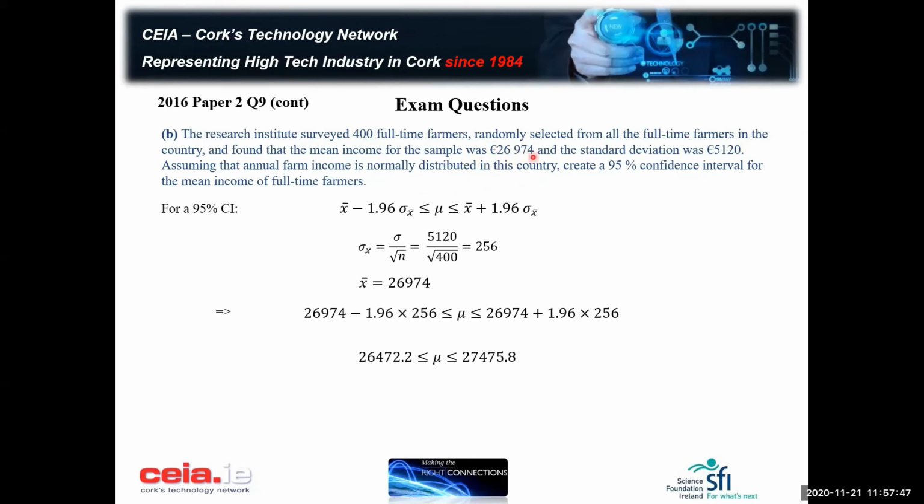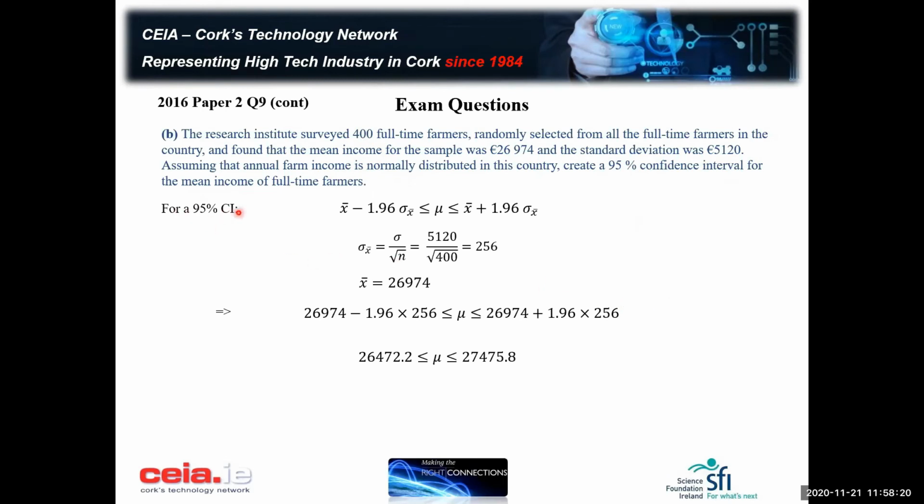So the mean income in the sample is 26,974, and they had this sample standard deviation of 5,120. And they're telling you that there's a normal distribution for the whole population. So they want you to work out a 95% confidence interval for the mean income of all of the farmers based on this sample of 400.